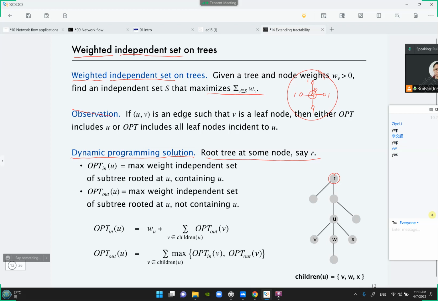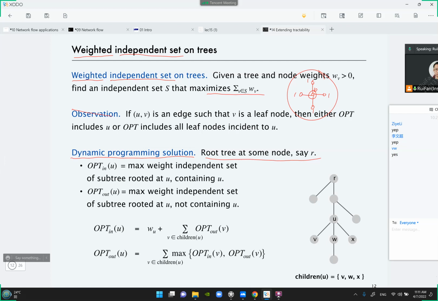For example, the root's subtrees would be these two subtrees, and for any other node, for example this node, you can also talk about its subtrees. Once you have a root, you basically set a direction for the tree. The tree grows out of the root, and once you have this direction set up, then you can talk about subtrees. Subtrees grow farther and farther away from the root.